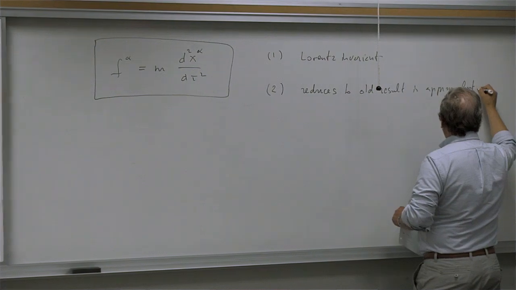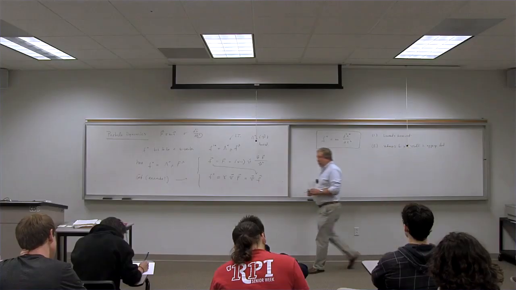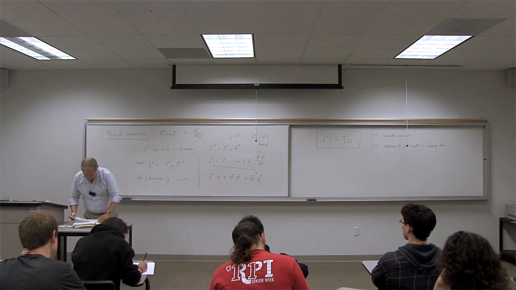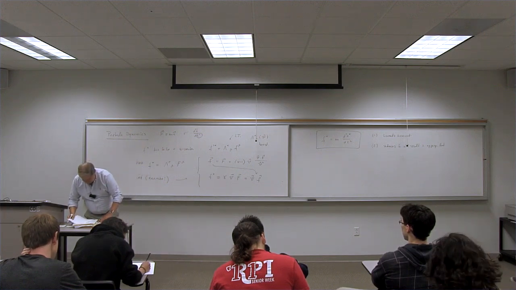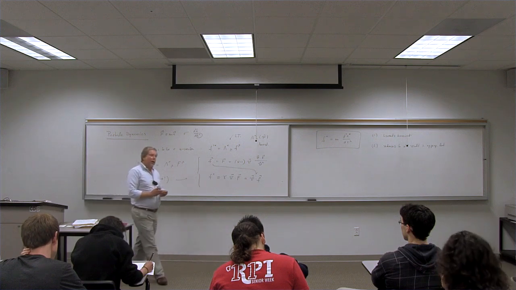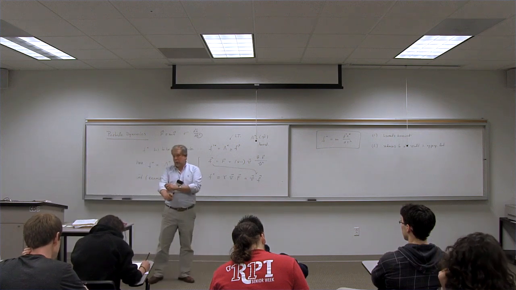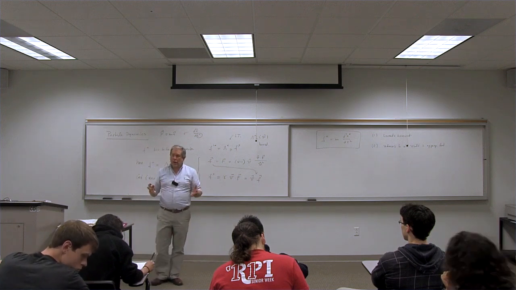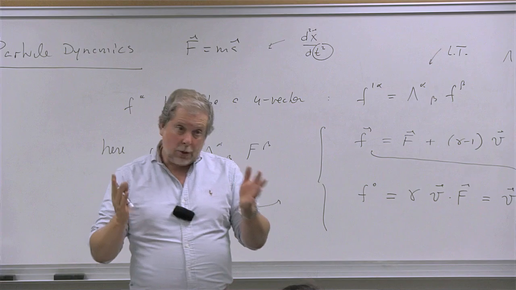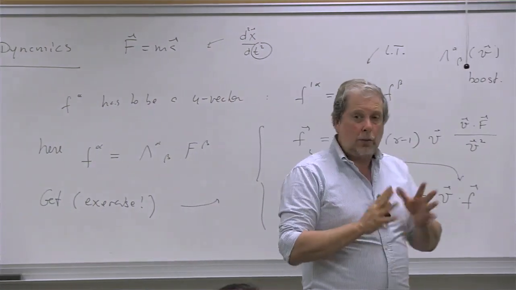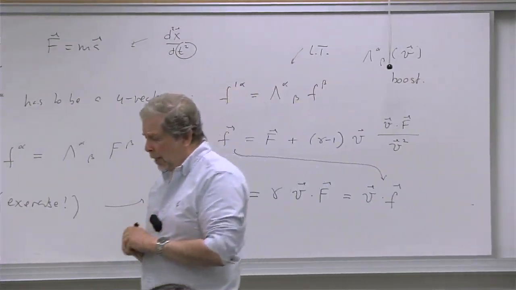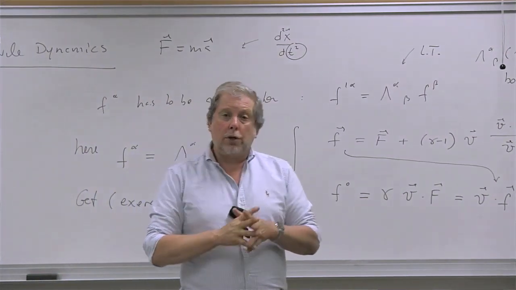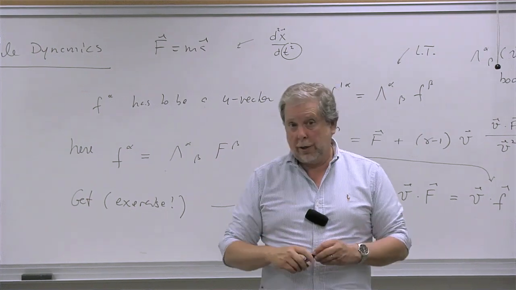So this is actually an example of a procedure which we're going to use over and over again, because we are going to be confronted in a number of instances with what to write down for equations in not only special relativity, which is easy, but in general relativity. How do we generalize Maxwell's equation? Well, that is already invariant, so we don't have to do a whole lot of work. There are some slight issues here and there. But how do you generalize the equations for a fluid, for example, in a general relativistic context?